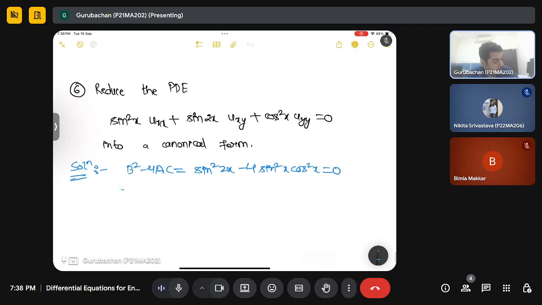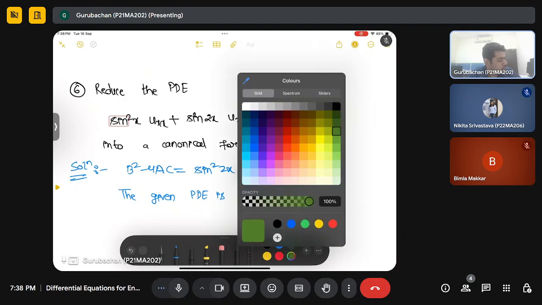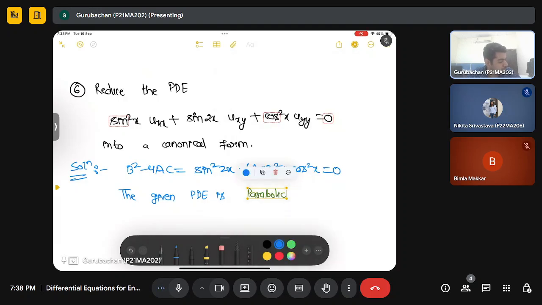So the given PD is parabolic. So since this is parabolic, let us move with this case.